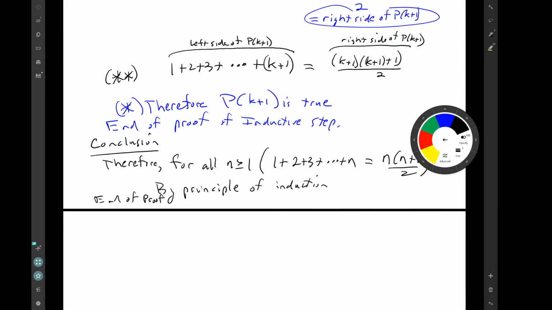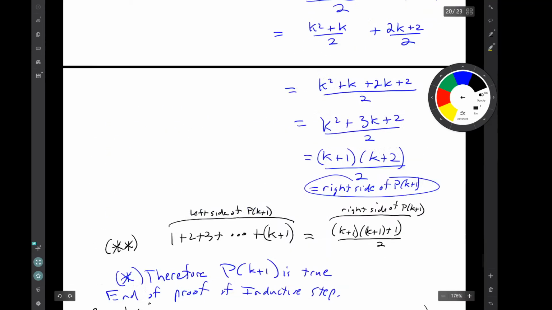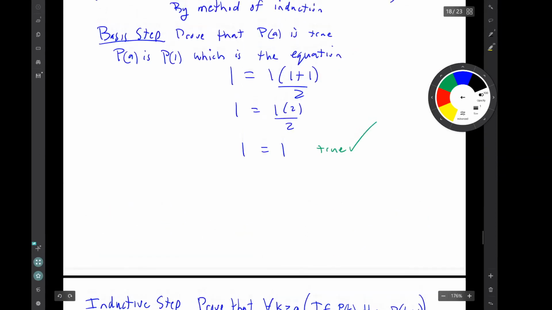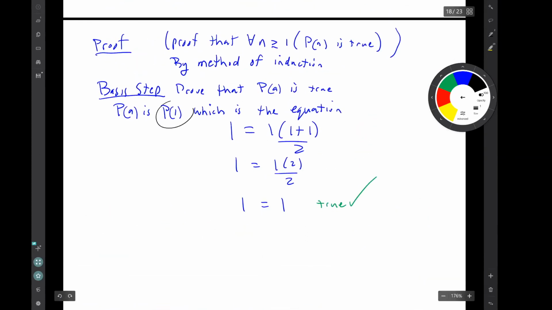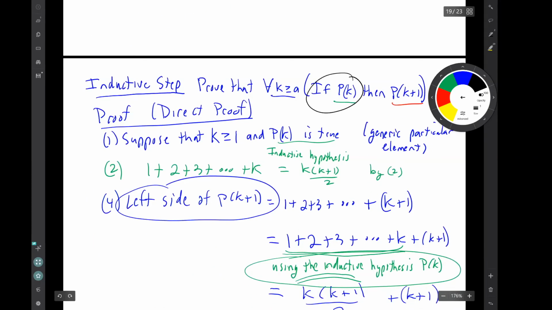Now, this is remarkable. Again, I want to draw your attention to the fact that the only case that we actually proved was true was P(1). We proved that P(1) is true. We didn't prove that P(k) is true. We didn't prove that P(k+1) is true. We only proved that if P(k) is true, then P(k+1) is true.